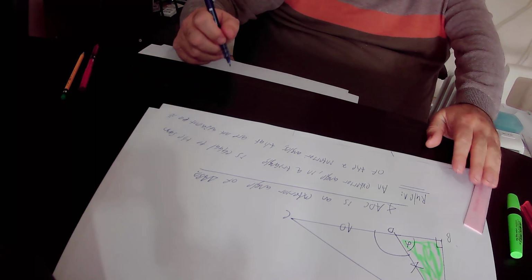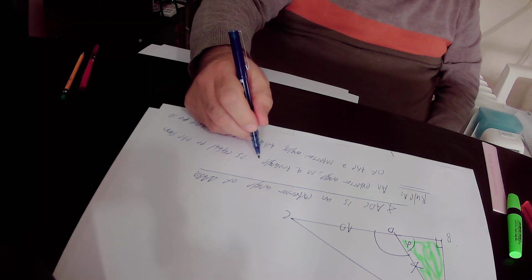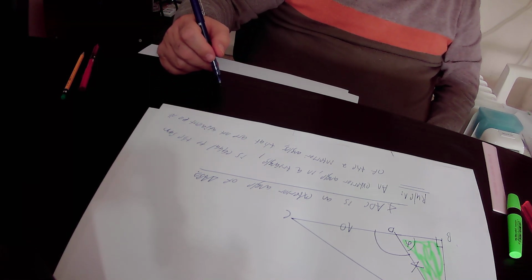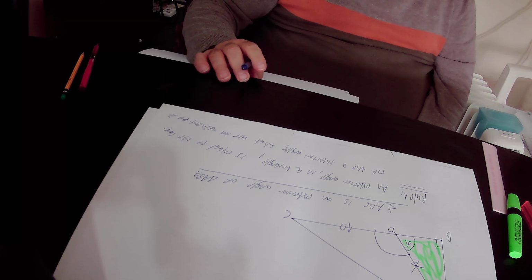I read rule number 1 again. According to rule number 1, an exterior angle in a triangle is equal to the sum of the two interior angles that are not adjacent to it.